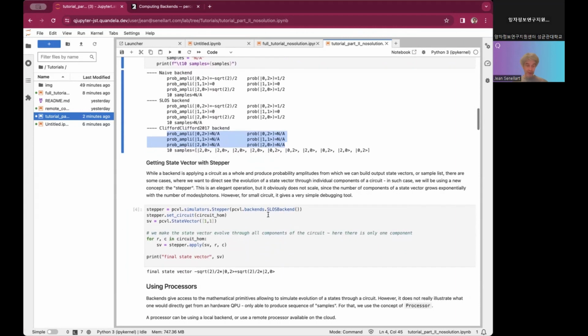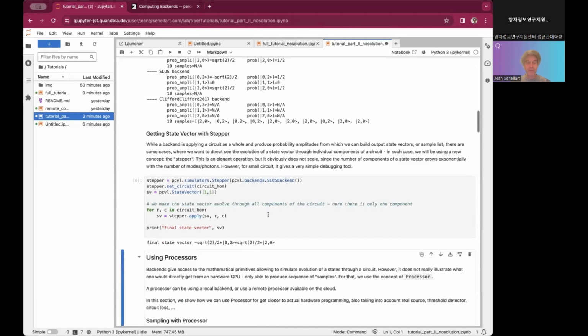So the second thing we'll be doing is showing you how to use what you call the stepper. The stepper is something that maybe you are more familiar with if you have played with other quantum frameworks. It's the ability to look at your circuit and go through all the different components and just update the output state, the quantum state, at every component.